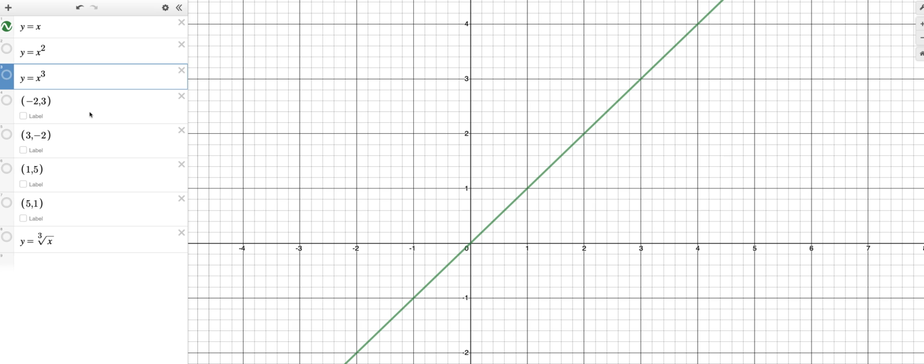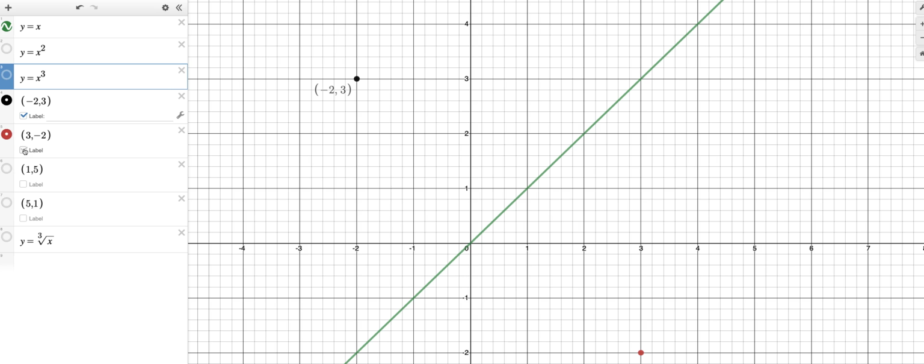So imagine that I've got negative 2, 3 as an ordered pair in my relation. If I switch those two, transpose them, or whatever fancy language you like, then I would have 3, negative 2.